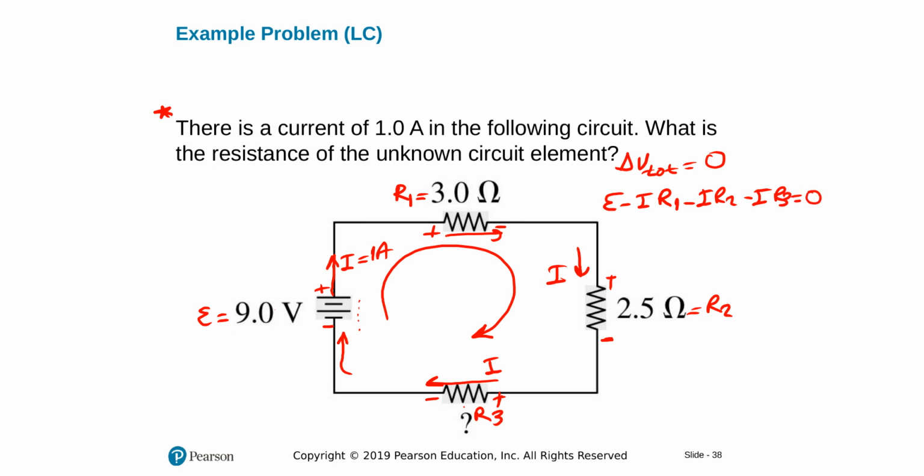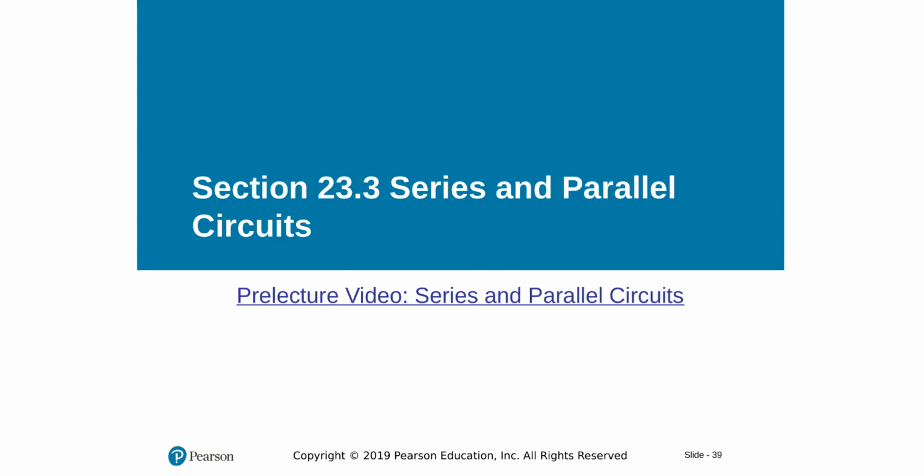Putting in the known values, epsilon is 9 volt, minus 1 ampere times 3 ohms for I R1, minus 1 ampere times 2.5 ohms, minus 1 ampere times R3 equals 0. And you'll find your resistance. Again, we'll get back to this later.